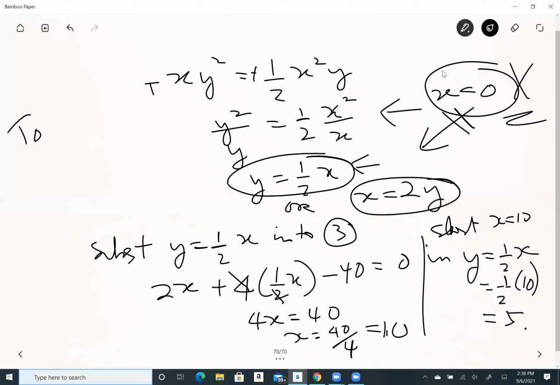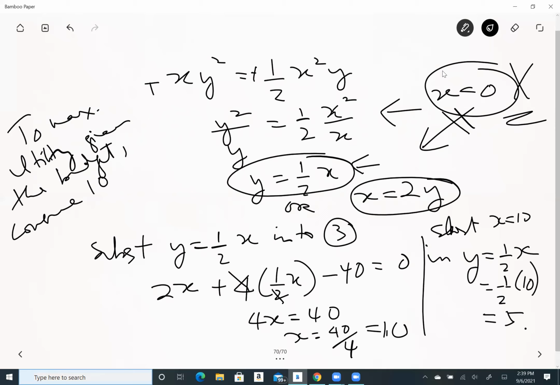So we can say that to maximize utility, given the budget, as per the problem, we have to consume 10 units of X, and then 5 units of Y. Okay, all right.